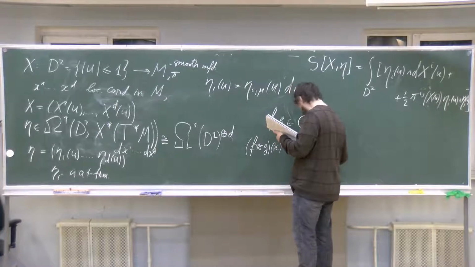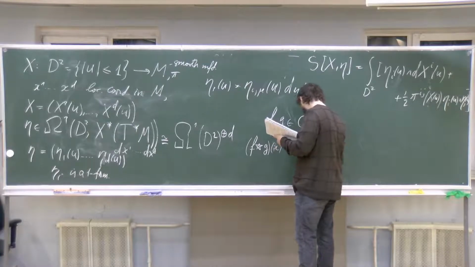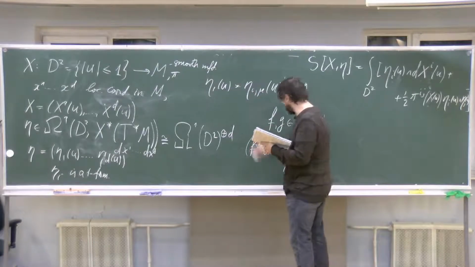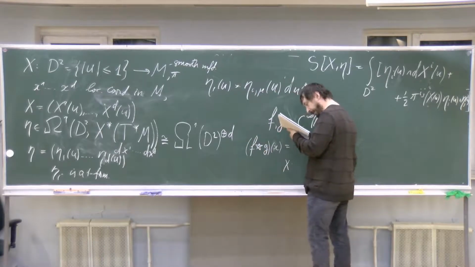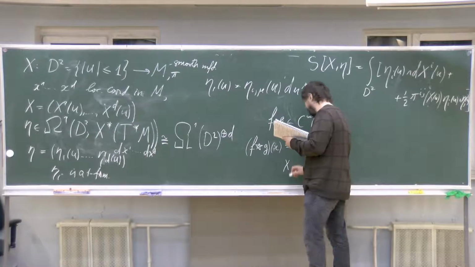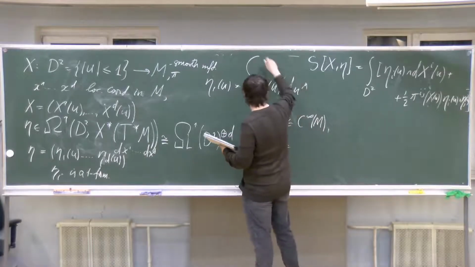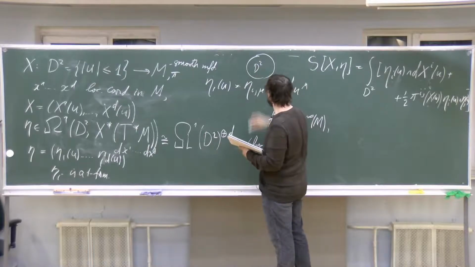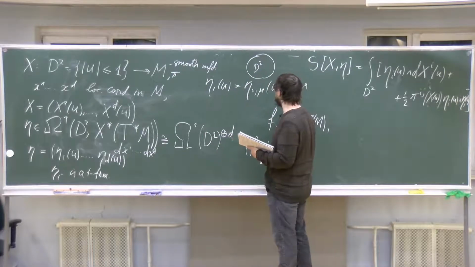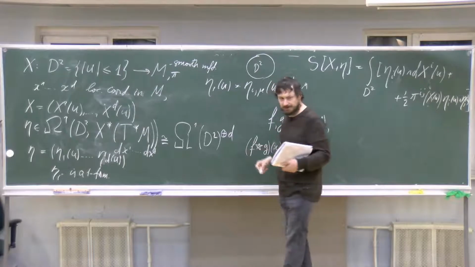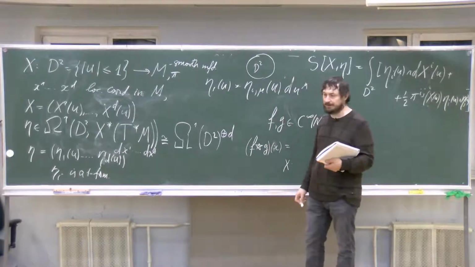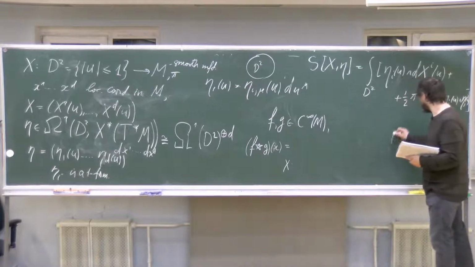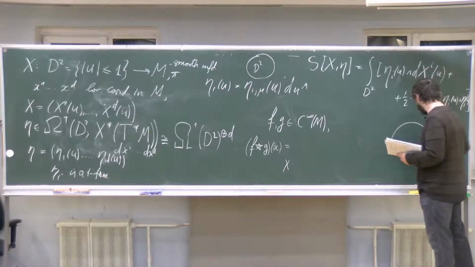You take a map x from this set, and you assume that, so the boundary of the disk, so you identify the boundary of the disk, D2, with the boundary of the upper half plane actually. It's a standard thing in physics.